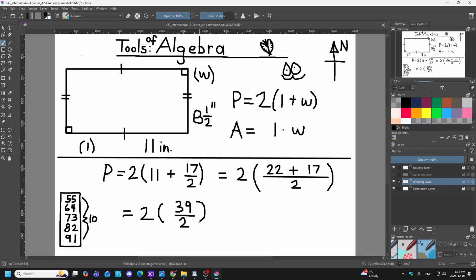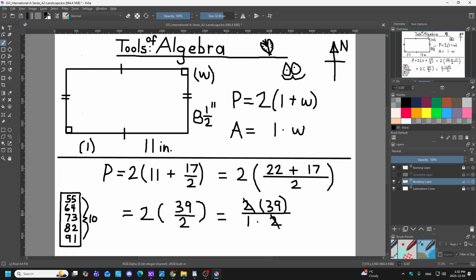So, if you understand, we have 2 over 1 and 39 over 2. I merged everything into one big fraction. I wanted to show you this so that you can see the canceling.